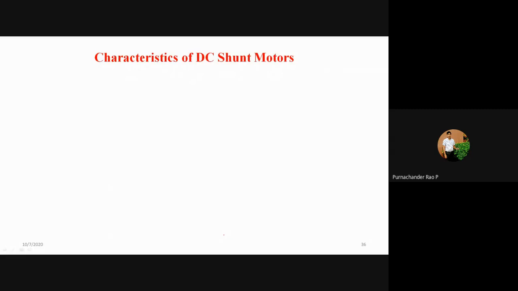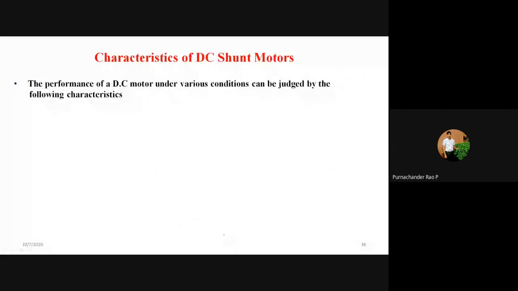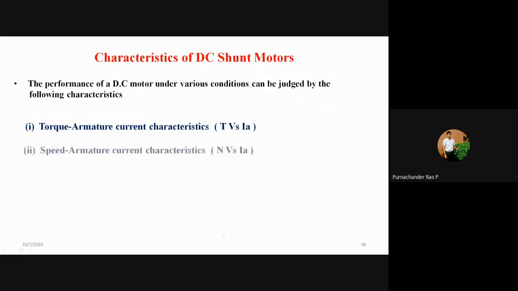Now we will discuss the characteristics of DC shunt motor. For any machine, the performance of a DC motor under various conditions can be obtained by the following characteristics. The first one is the torque and armature current characteristics. The second one is the speed versus armature current characteristics.